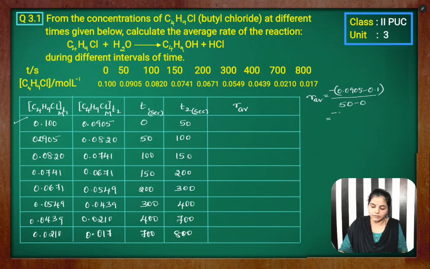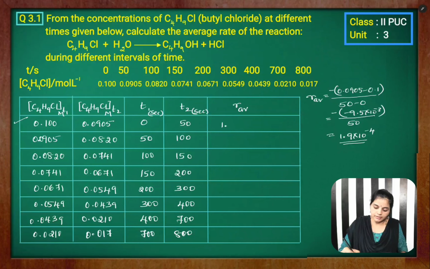So this is equal to minus of 0.0905 minus 0.1, which is minus 9.5 into 10 to the power minus 3, divided by 50. So minus into minus is plus, and divided by 50 is 1.9 into 10 to the power minus 4.